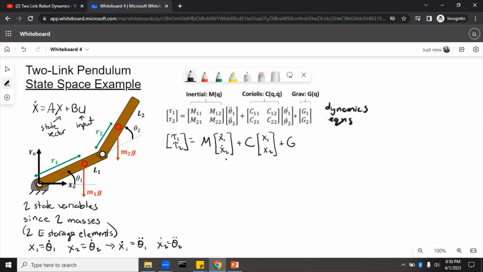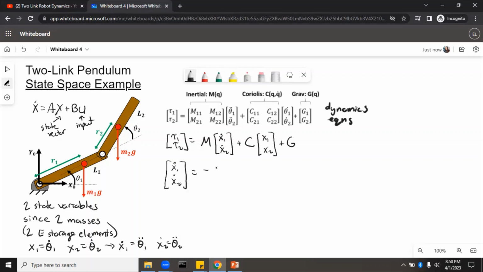So now we need to rearrange this and get the x dots by themselves. So I'll write it out still using the M, C, G for the matrices, and then I'll show you how it works once we put all of the actual smaller matrix variables back in. So we need to get x1 dot, x2 dot on one side by itself. So we'll say x1 dot, x2 dot equals, and then this C will go to the other side.